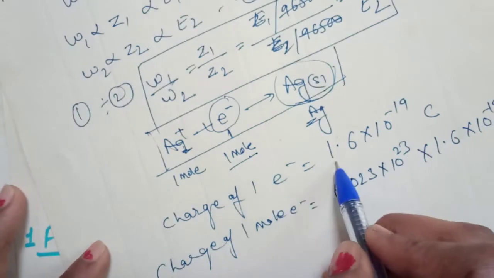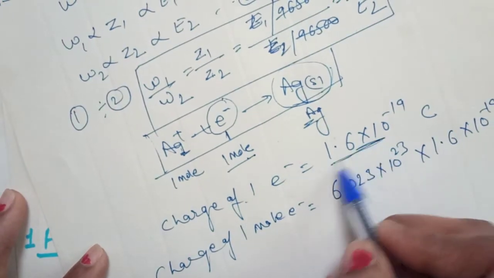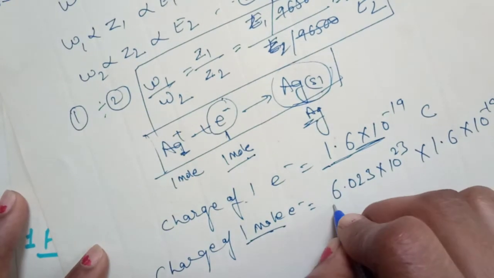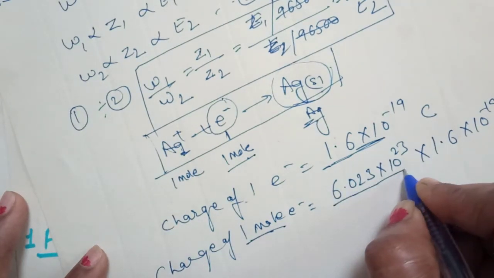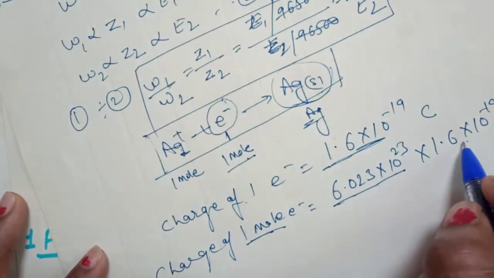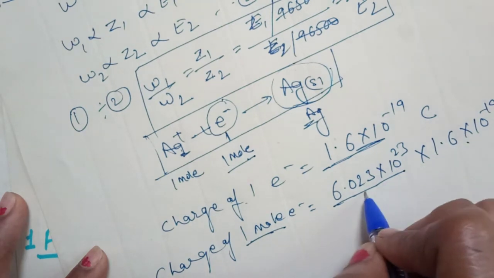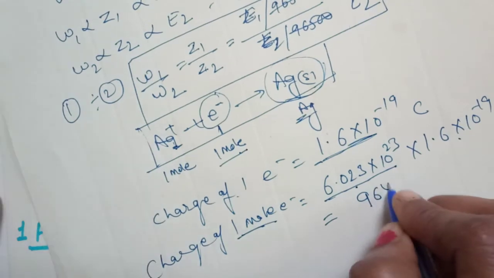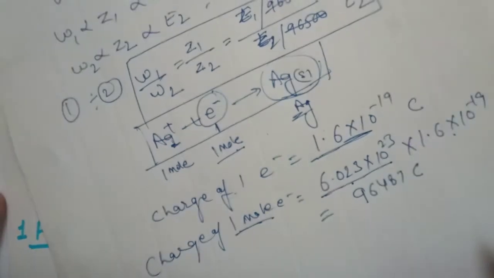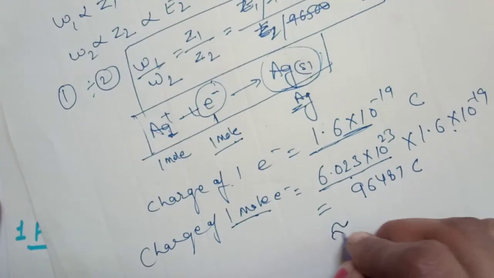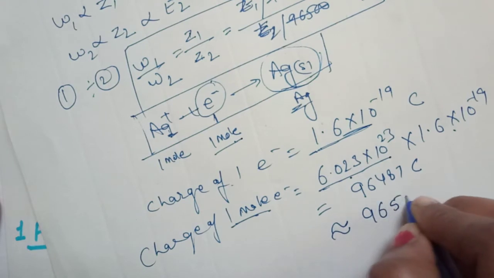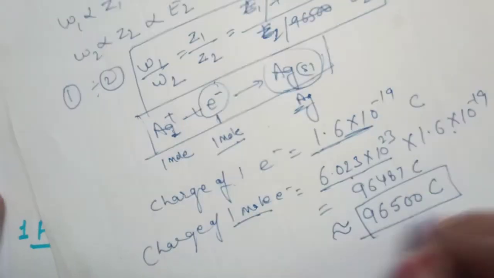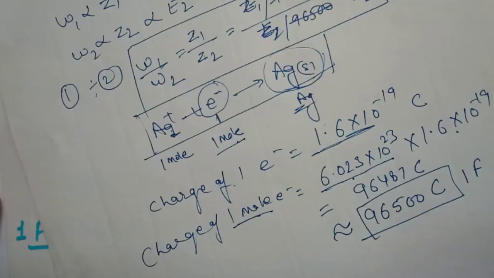So we multiply the charge of 1 electron by the number of electrons, and this will be 96487 coulomb, which we round off to 96500 coulomb.